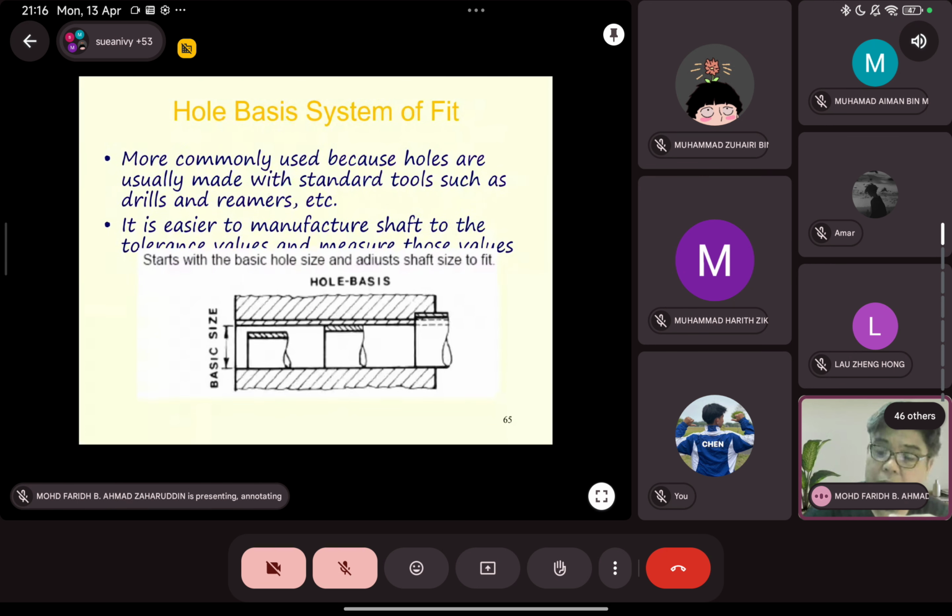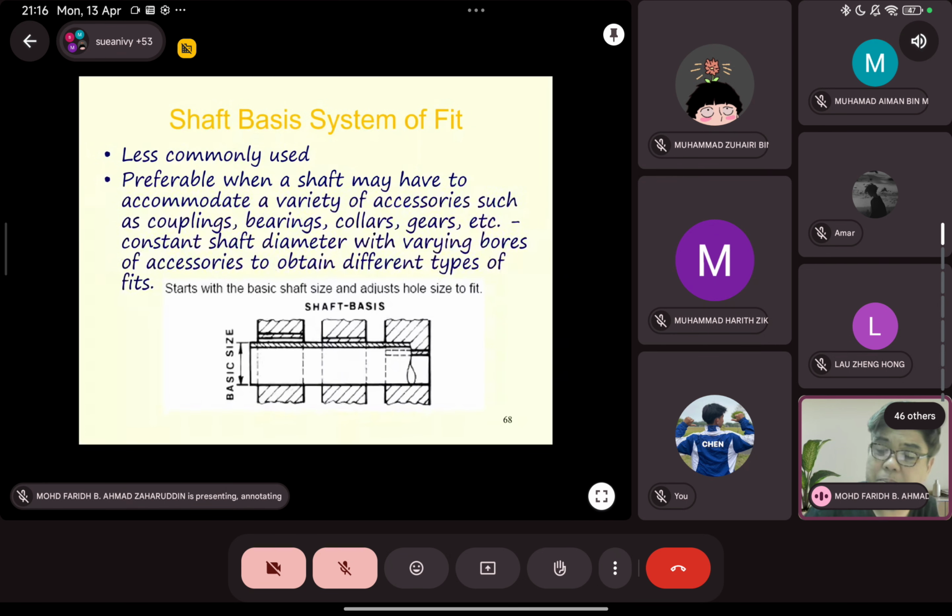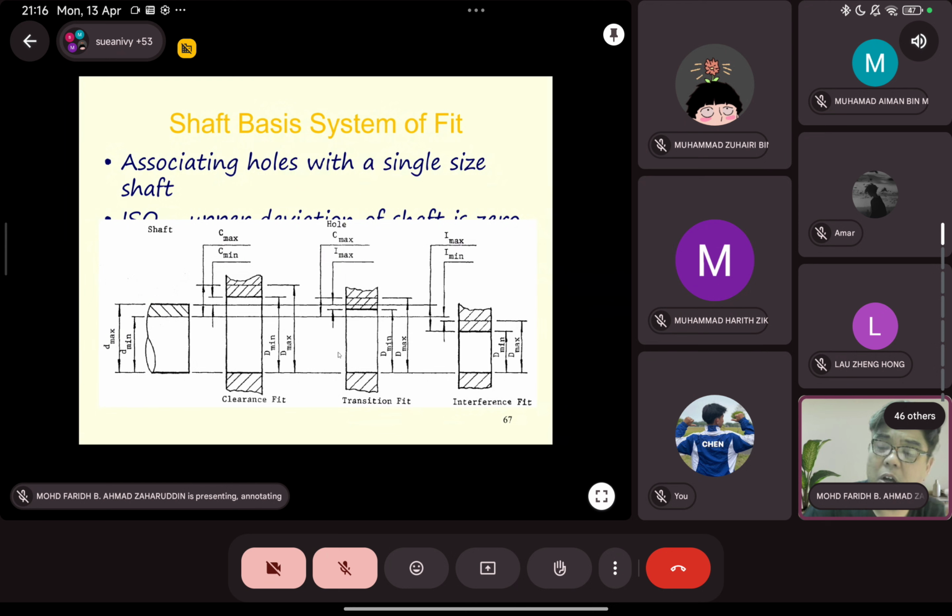Okay, now if you look at this one, the hole basic is fixed, the shaft varies, it's moving. Now, if you go to the shaft basic system, the size of the shaft has been fixed, following the norm and basic size. If let's say the shaft is 30, then it's 30, for example. But the size of the hole varies from positive to negative. Okay, it's moving.